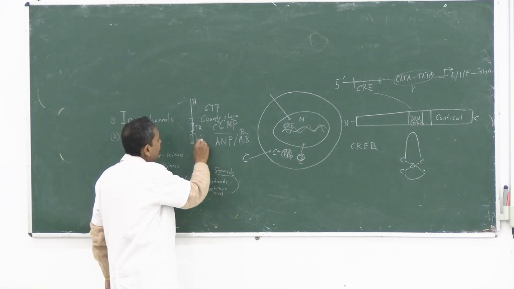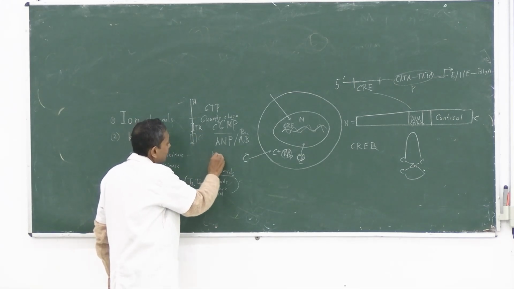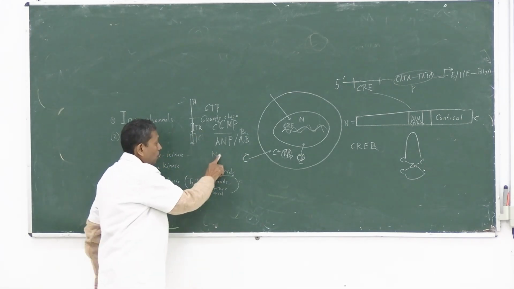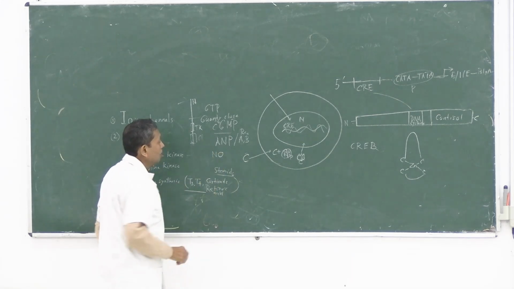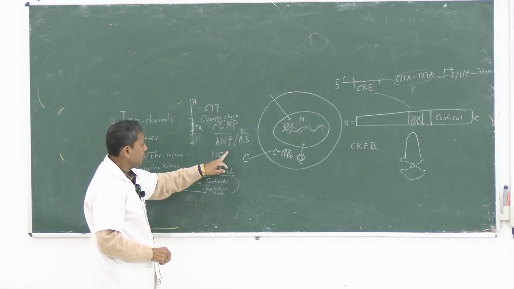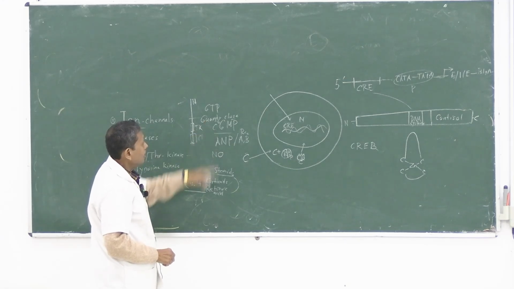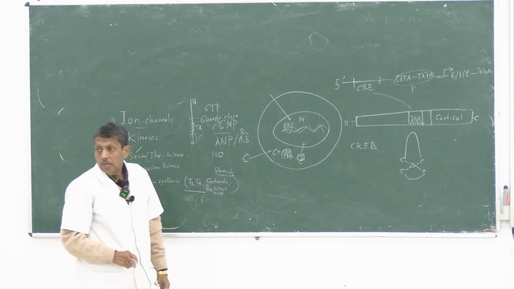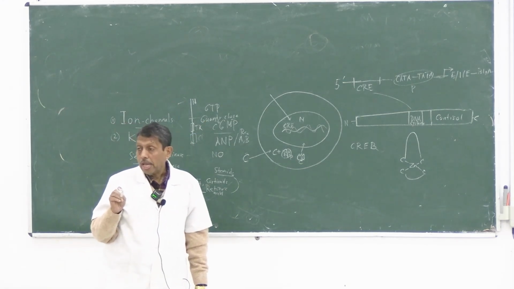But in some cases, like NO, it enters within the cells. NO, nitric oxide, or endothelium derived relaxing factor, enters into the cell, and in this case the guanylate cyclase is soluble and contains heme.